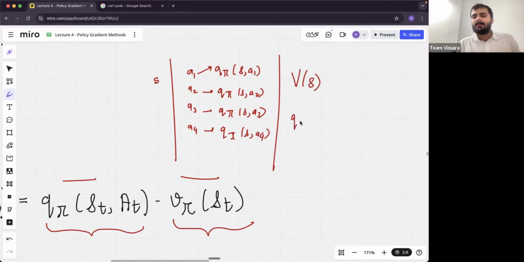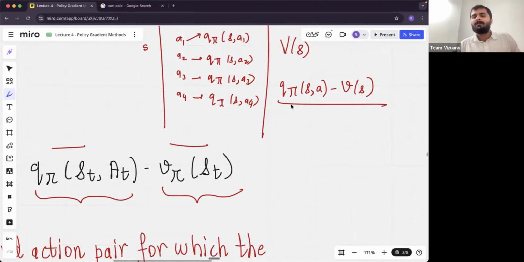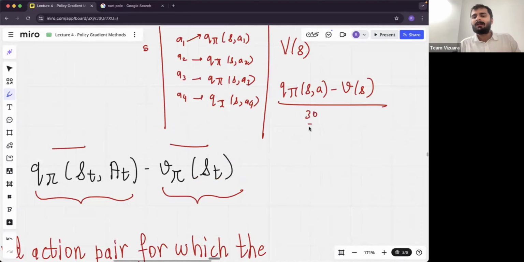And let's say we measure this for all the possible actions, and we get values like 35, 10, minus 10, and minus 2. So what does this mean?